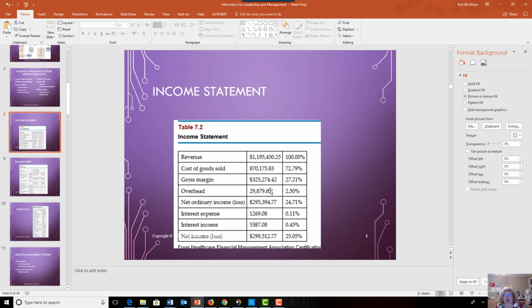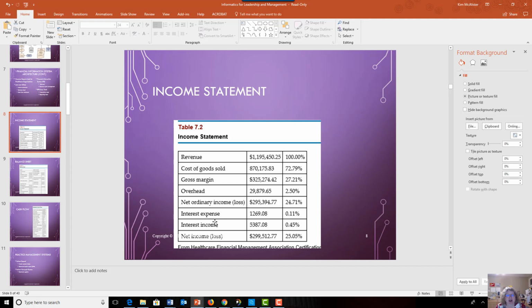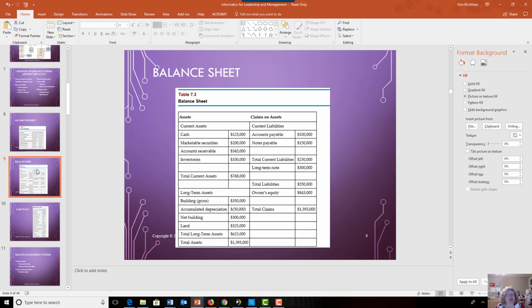Think about your own light bill. Then think about your light bill of your hospital. It's going to be a lot more. Your normal income, your interest expense. This is how much you're spending, paying interest on capital loans and so forth. And then interest income. So that's income that you receive. And so forth. So all of this goes together to form your income statement.